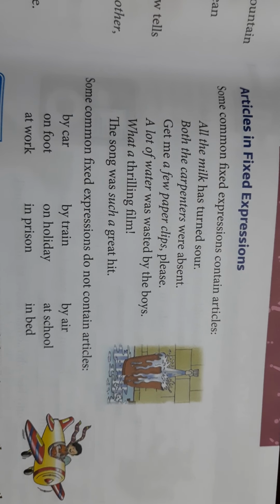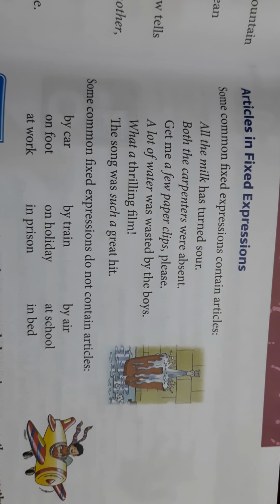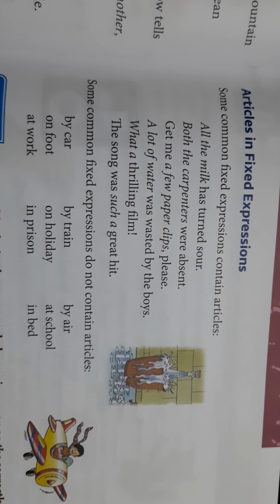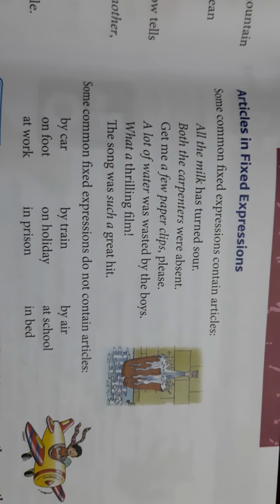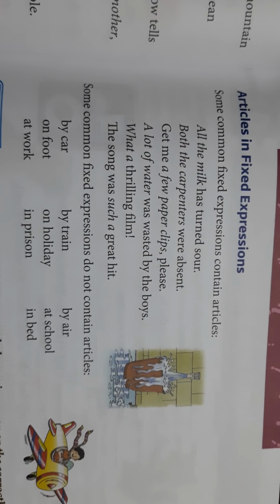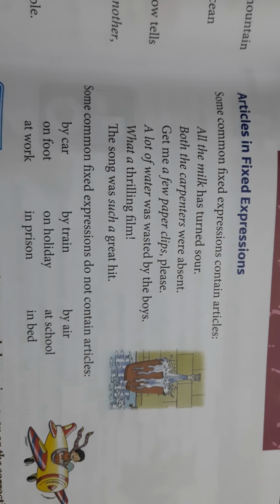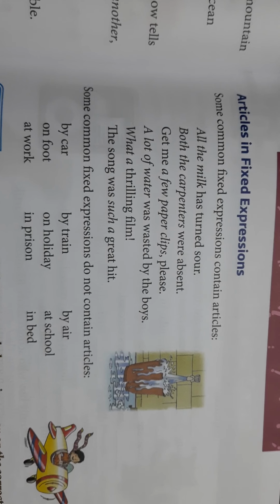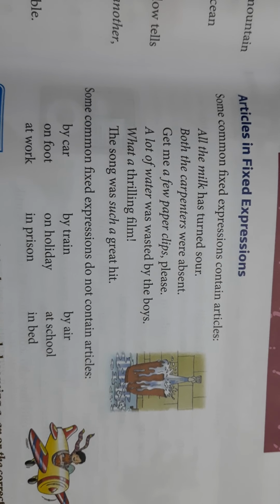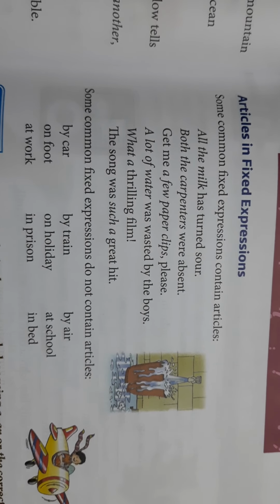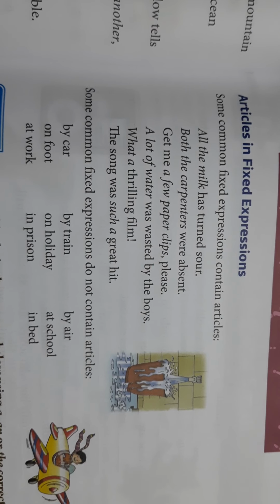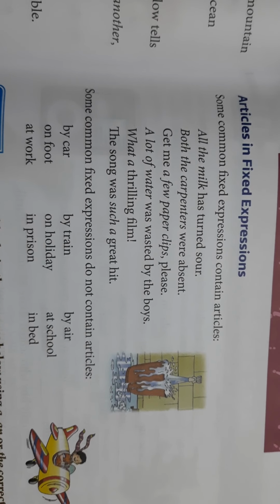Get me a few paper clips, please. A lot of water was wasted by the boys. So these are articles in fixed expressions. Some common fixed expressions do not contain articles like by car, by train. Here we don't use the articles.